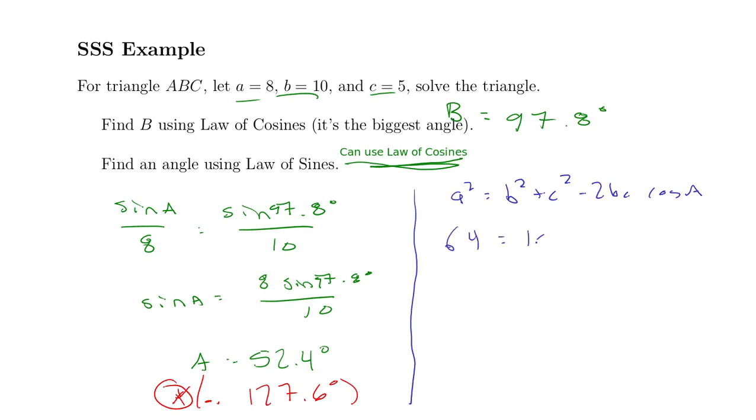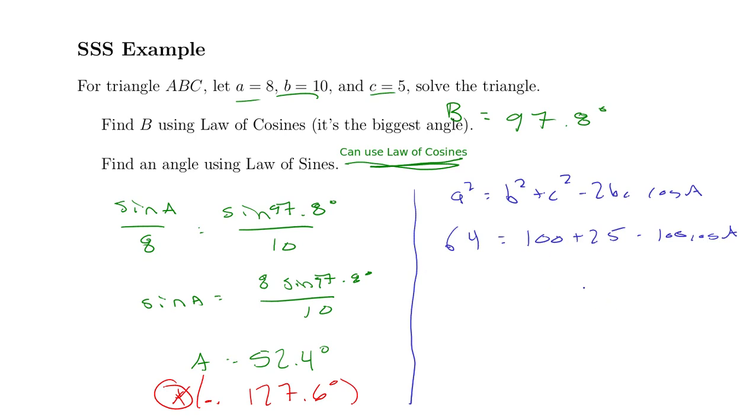64 equals 100 plus 25 minus 2 times 10 times 5. That's 10 times 10, so that's 100 cosine A. 64 minus 125, what's that going to be?